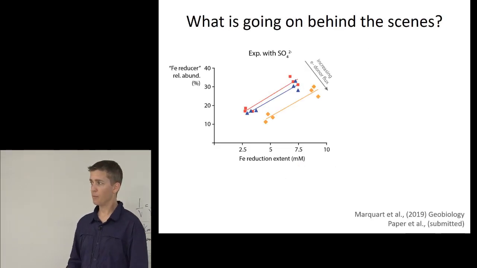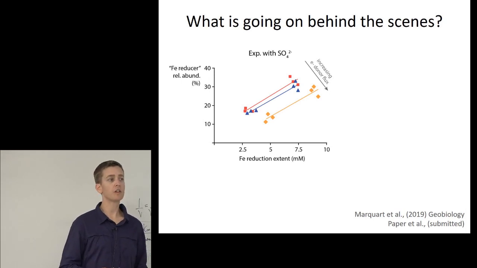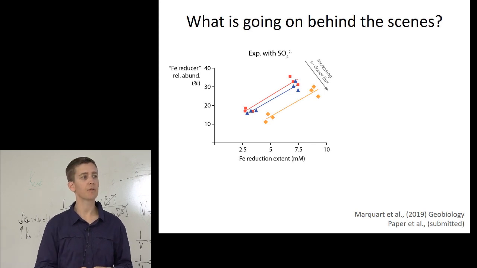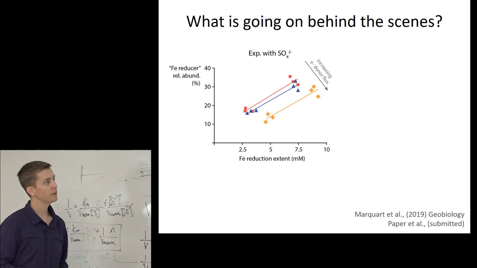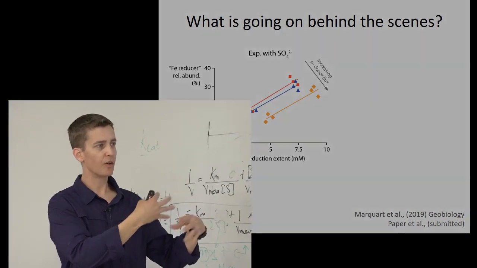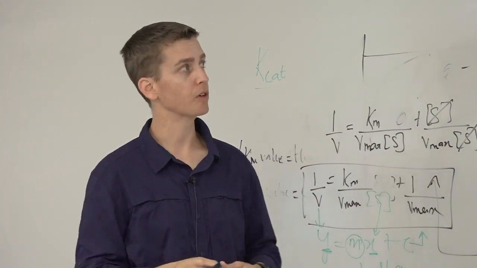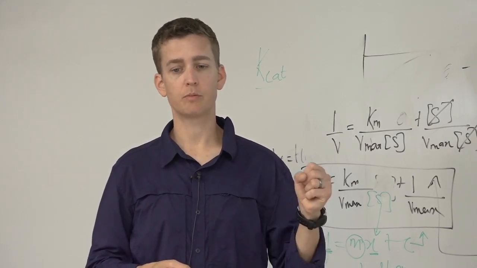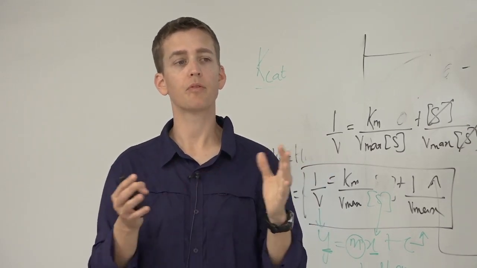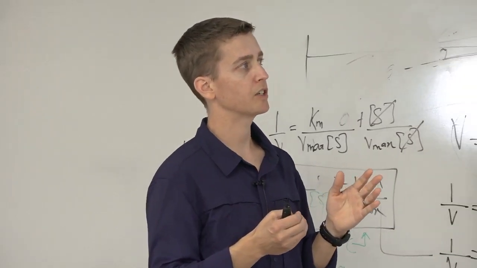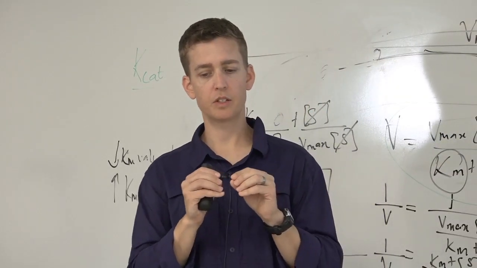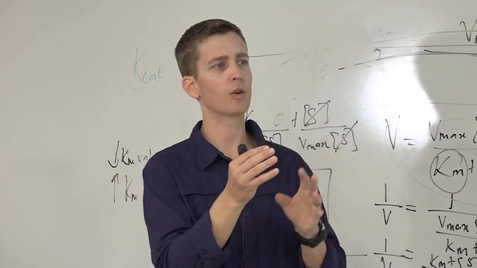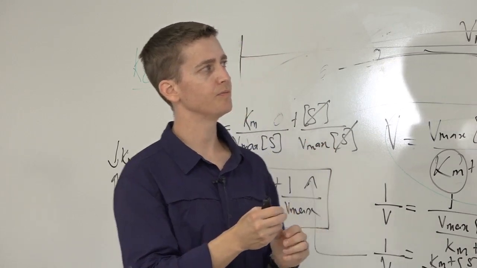So if we look at the microbial community directly, we can start to learn a little bit more about what's going on behind the scenes. The chemistry tells you the net result, what's happening at the end of the day. But some of the cycling going on behind the scenes can be preserved in the microbial community. So we analyze the microbes in the reactors by extracting their DNA, amplifying it with polymerase chain reaction, PCR, and then sequencing that DNA and doing a taxonomic analysis to say what categories they fit into, which groups are present.